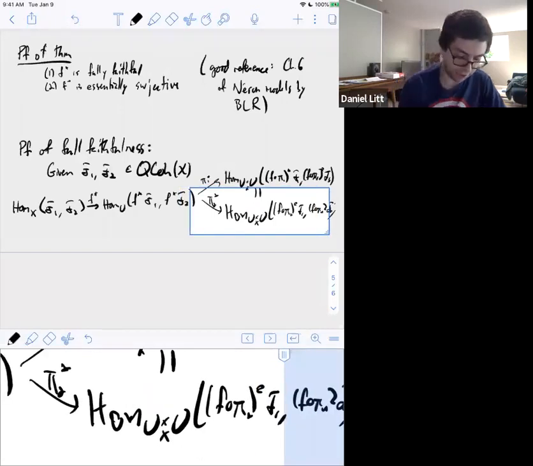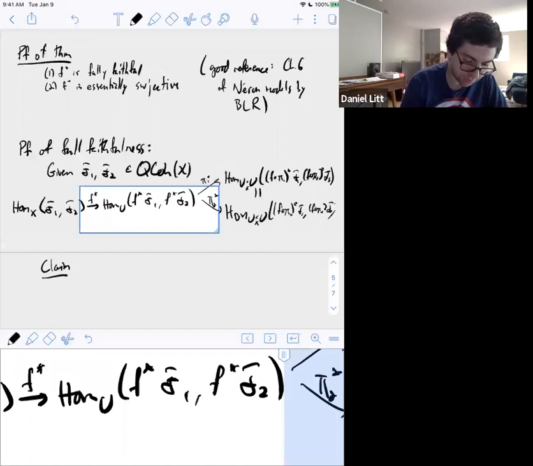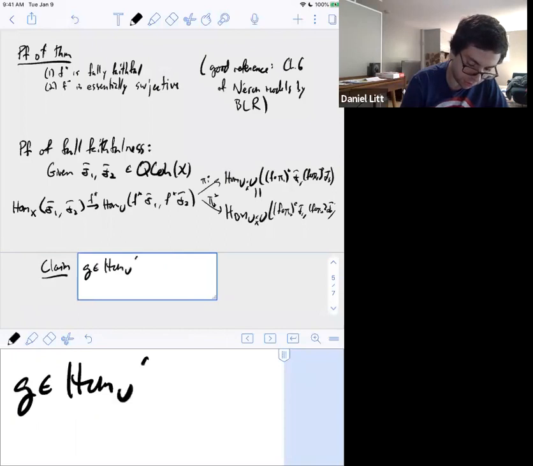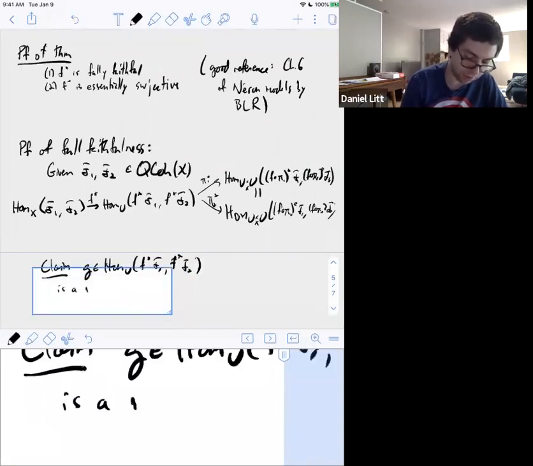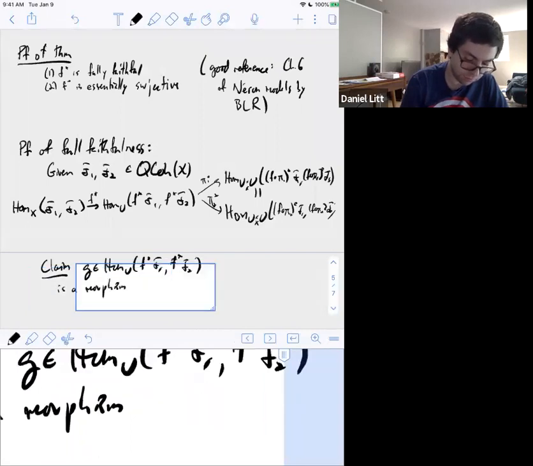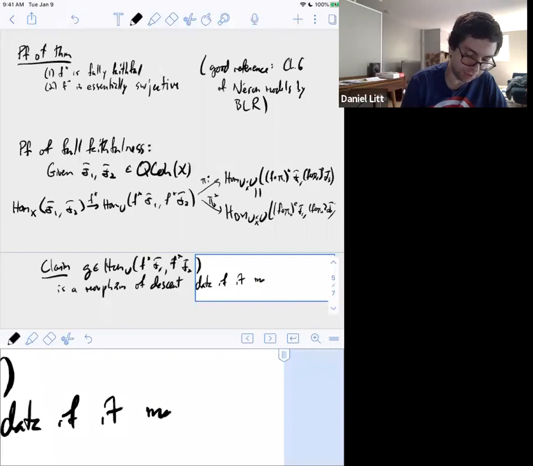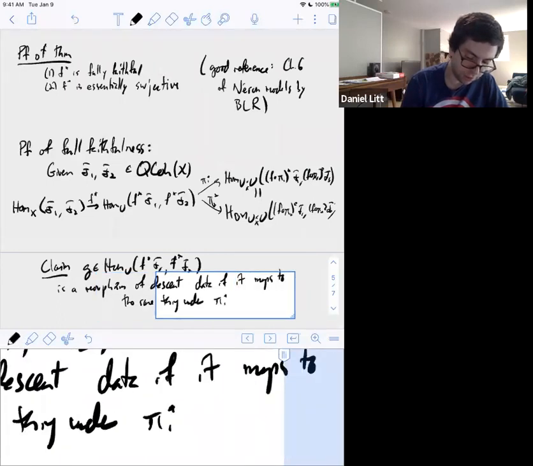So what am I saying? Given a morphism on X, you can pull it back to U. That's fine, and then you can pull it back to U cross U in two different ways. And so the claim is that given a g in Hom of f star f1, f star f2, so a map between the pullbacks, this is a morphism of descent data if it maps to the same thing under pi1 star and pi2 star.